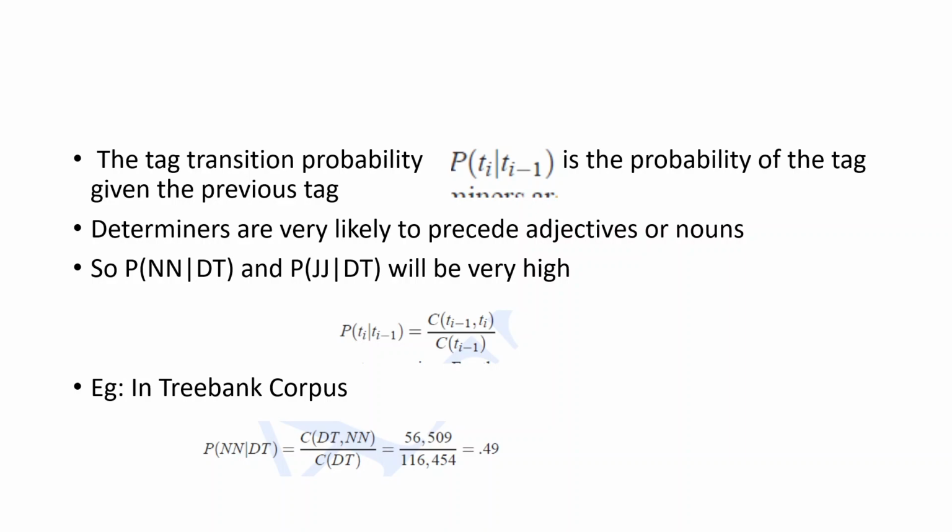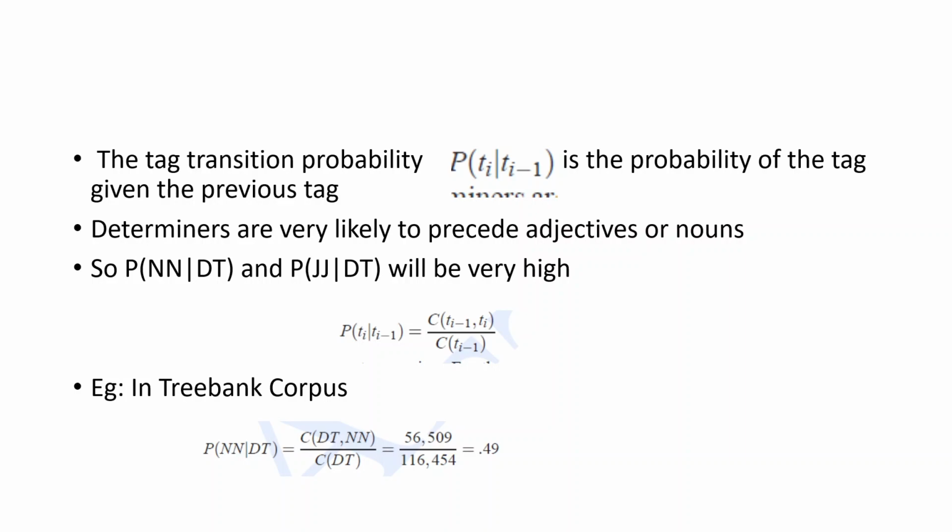So you find out the count of determiners in the particular Treebank data set. According to the data available, it is 1,16,454. Now from the data set itself, find out the count of determiners followed by a noun, for example, the cat.